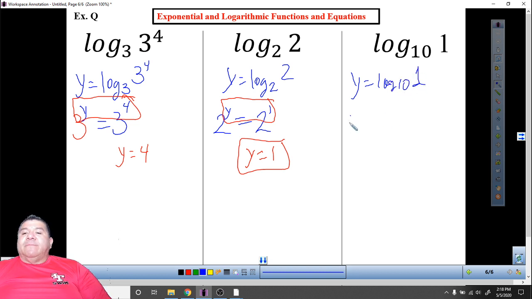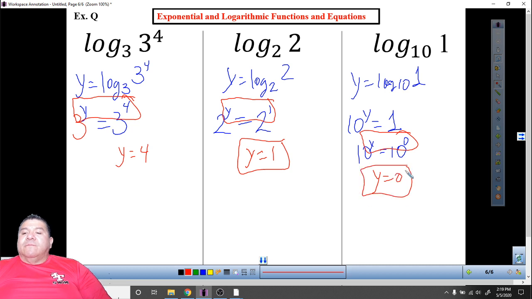So the base is what? 10 to the exponent of y, and that is equal to 1. So if we need the same base, 10 to the what gives us 1? To the 0. That is correct. So y equals 0. And what is the definition to remember?